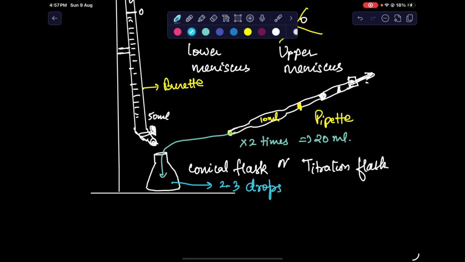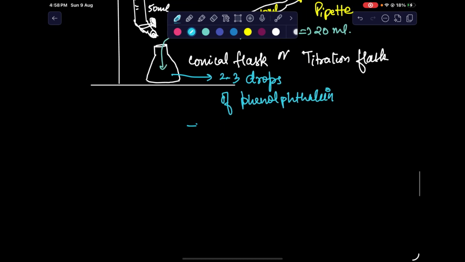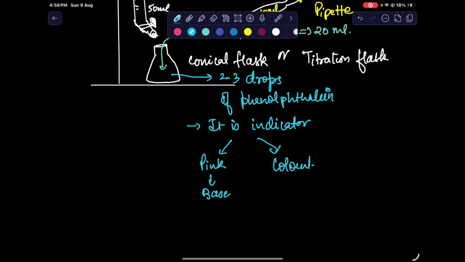Phenolphthalein is an indicator. Indicators are the substances which show different color in different mediums. So it shows pink color in basic medium, and it is colorless in acidic or neutral medium.